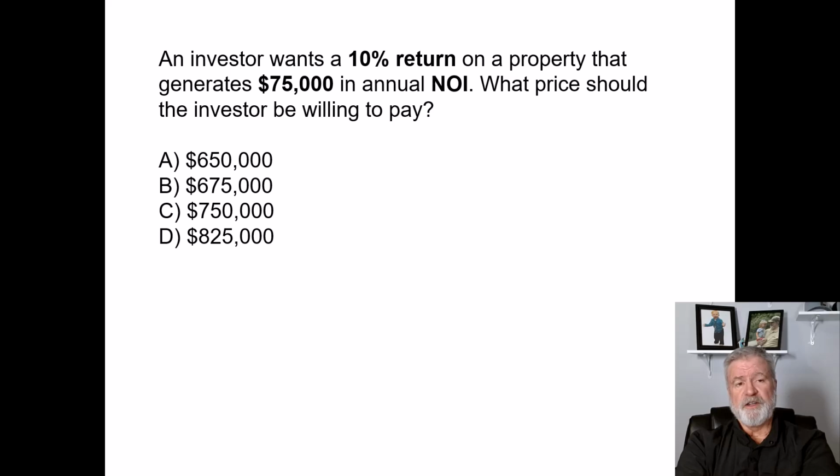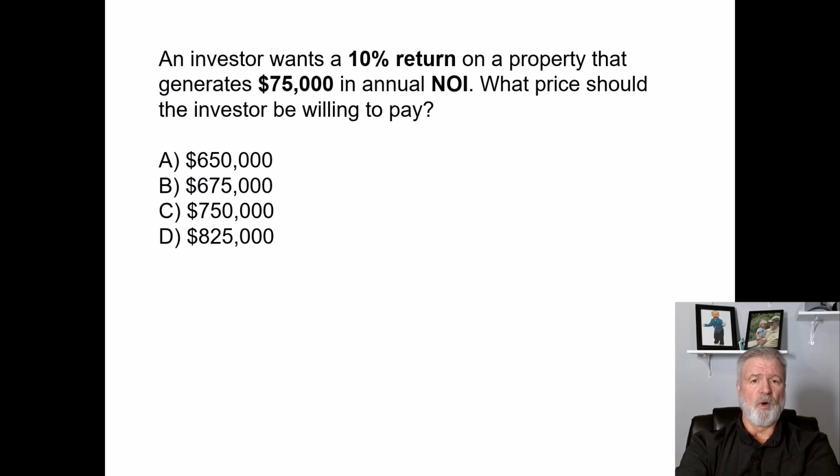So in this case, they gave us the income. So now, if we got the income, we're always going to divide. So net income, 75,000 divided by, y'all, what did they give you to divide it by? The cap rate, which is 10%.